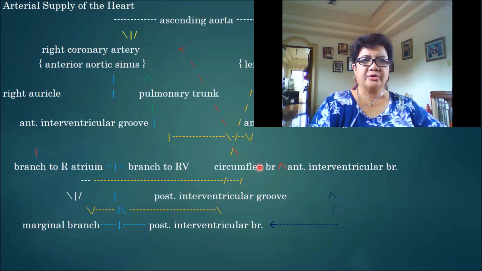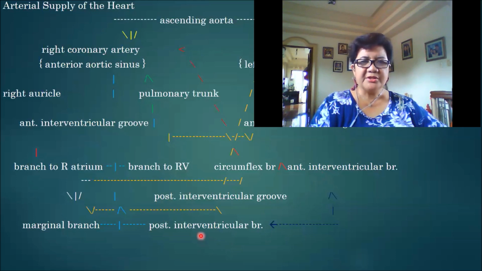Then your left coronary artery will also have an anastomosis with the branches of your right coronary artery through the marginal branch and the posterior interventricular branch. And your posterior interventricular branch will also anastomose with the circumflex.